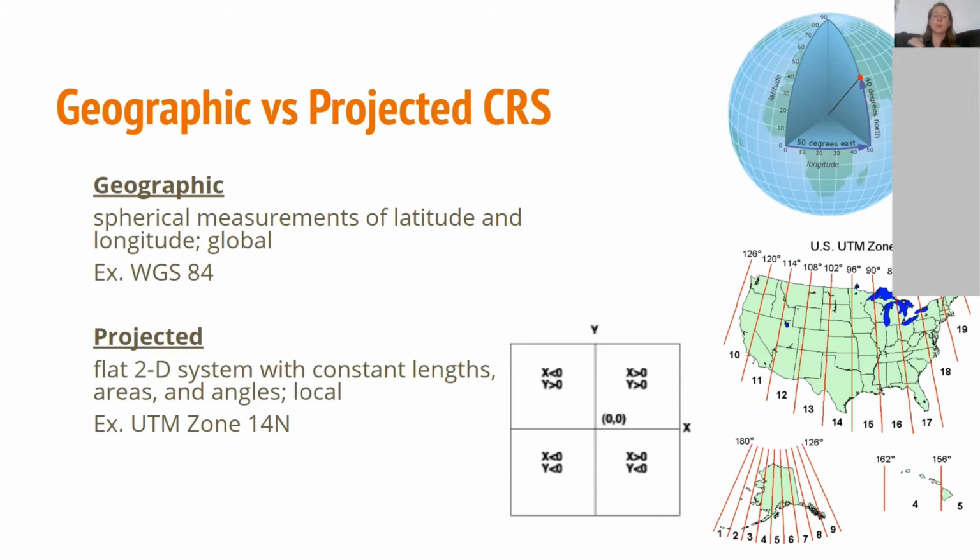The UTM zones are located throughout the globe, right? In this image on the bottom right-hand side of the screen, you can see as you move from right to left, the numbers for the zones change. If I'm working in data that is located predominantly in Florida, I would use zone 17, whereas if I'm located in central Texas, I would use zone 14.